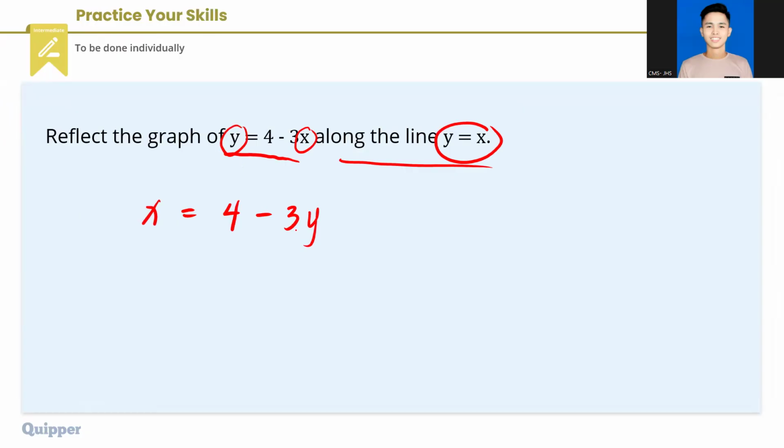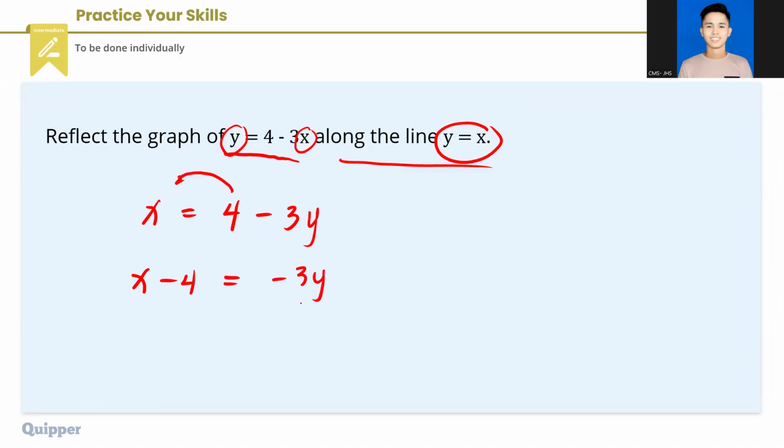And then let us produce a new equation for y. So we need to isolate y, right? You should have y equals in your final answer. So how to do that? We can simply transpose 4 to the left side of the equation, giving us x minus 4. We change the sign, right? Equals negative 3y.